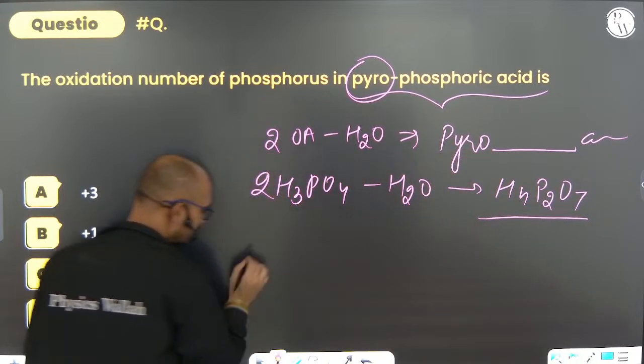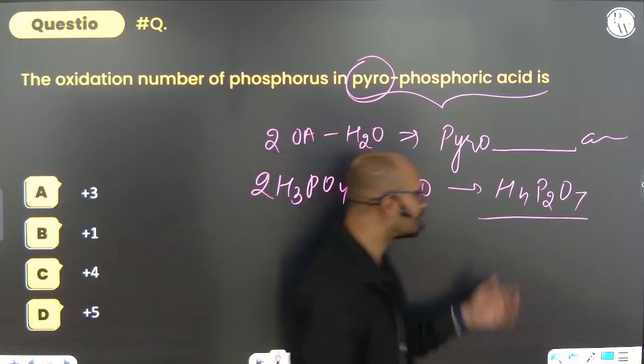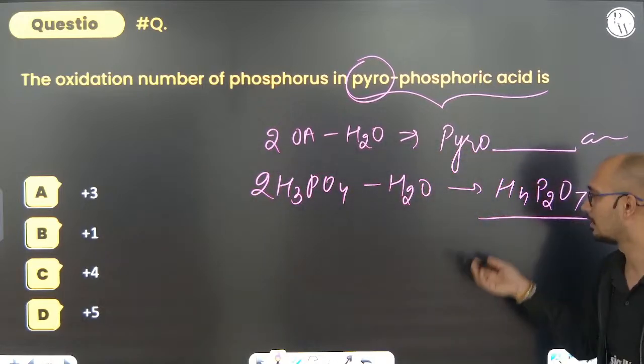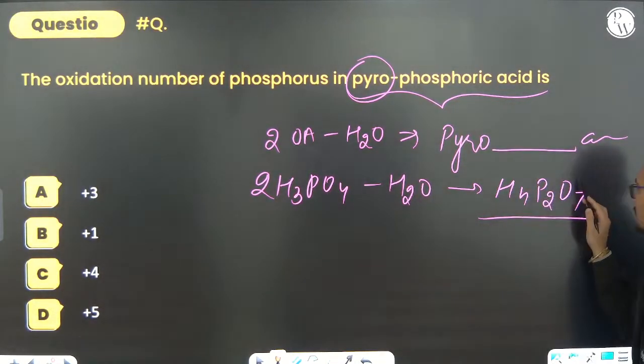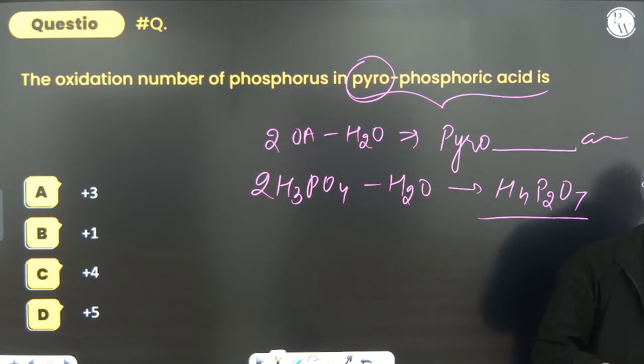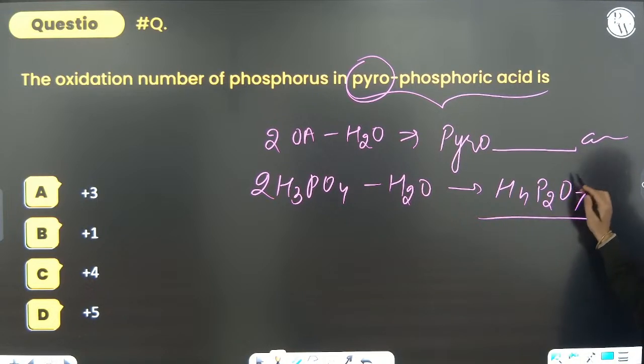H4P2O7 is pyrophosphoric acid. Just make that directly. Here it is asking for phosphorus. Can you see how much oxygen is there? 7, so it is -14.